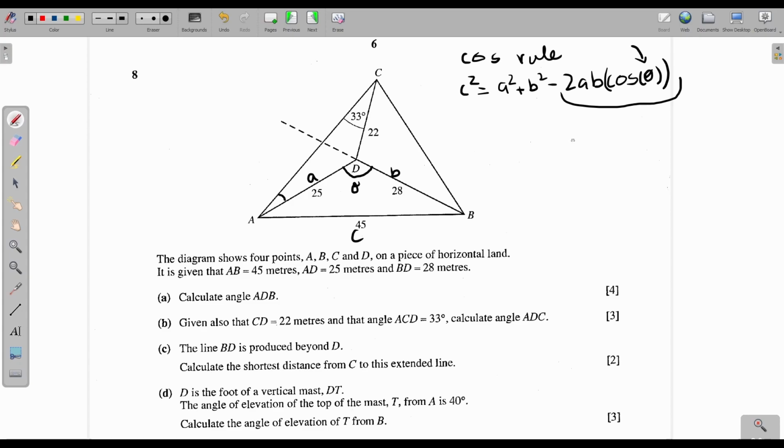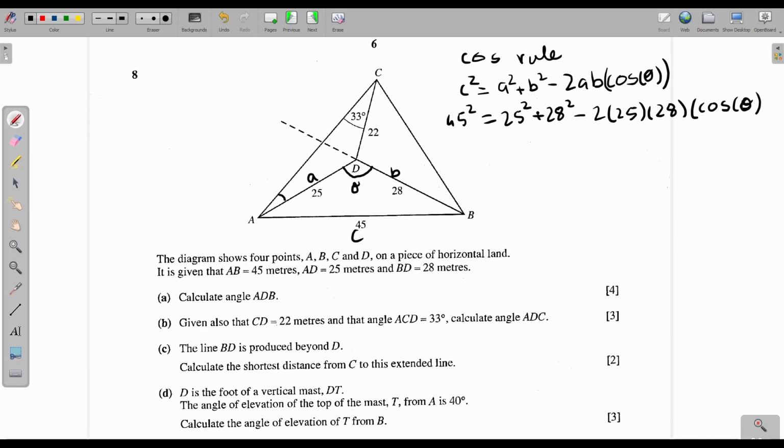And so you get c squared is equal to a squared plus b squared. But if you write it in the cosine form, then this is what it is. So we know that 45 squared is equal to 25 squared plus 28 squared minus 2 into 25 into 28 cos of the angle we're trying to figure out.